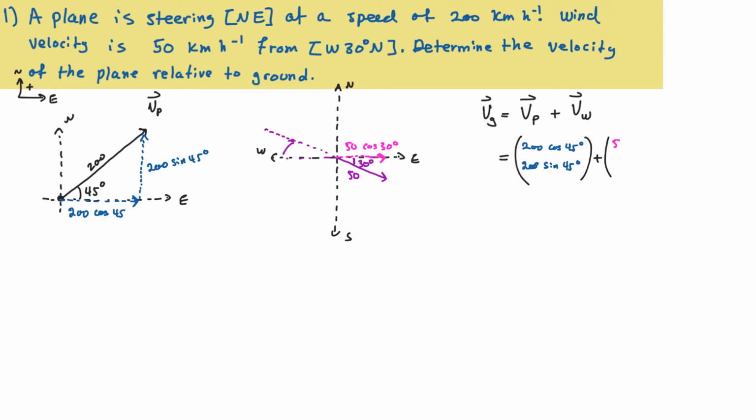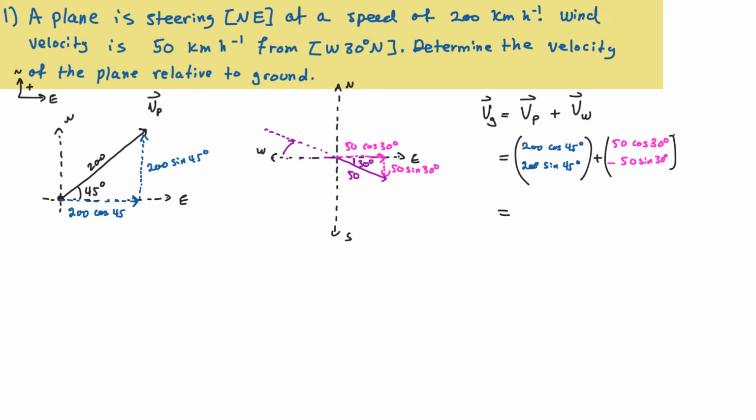And for the y component, it's going opposite to our coordinate system, because our coordinate system is pointing north and this is pointing south, so this is going to be negative. And since it is opposite to our angle, it's 50 sine 30 degrees.